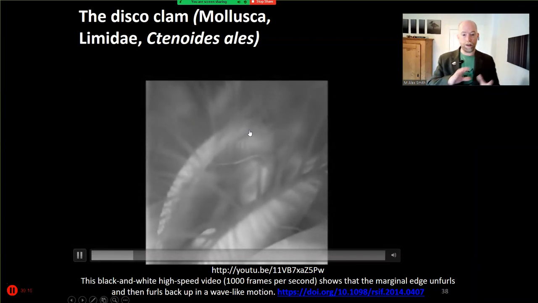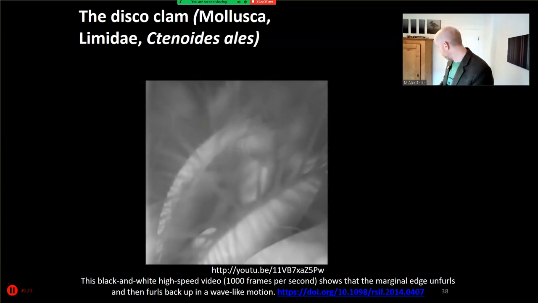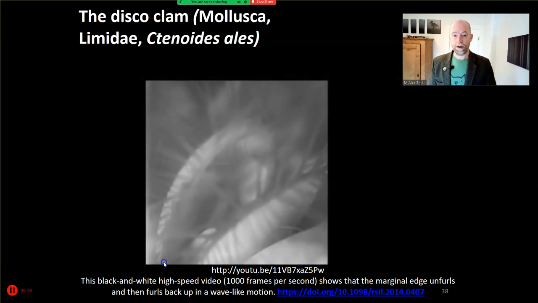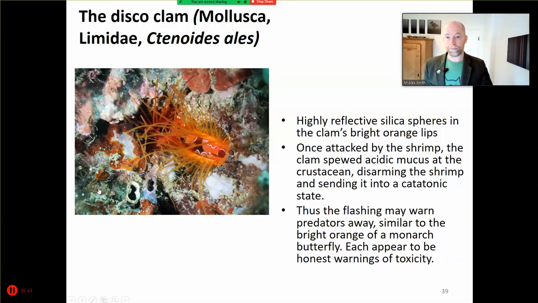So the marginal edge of the fold, because we do know a little bit, as of kind of 2 years ago, we know a little bit about this story. You're looking at a really slowed down, 1,000 frames per second here, is that this signal is essentially being sent out, and we see the flashing light that appears there and there and there on the marginal edge, and then it furls up in kind of a wave-like action.